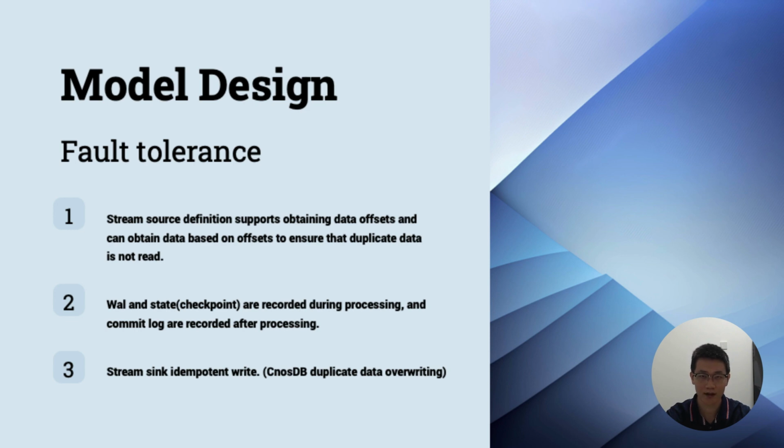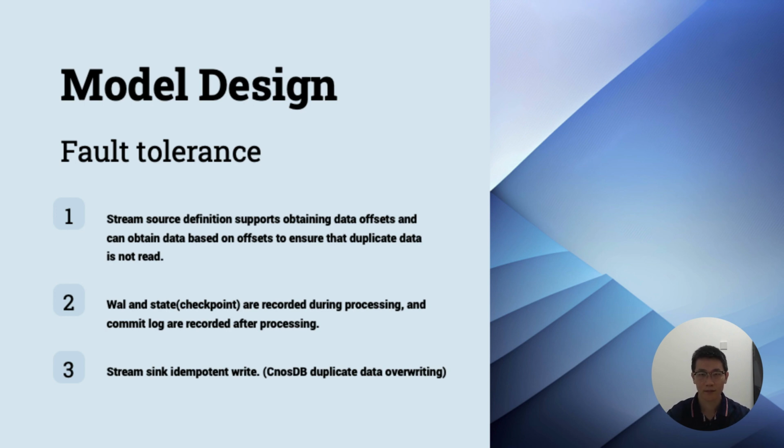Typically during batch processing, we use a write-ahead log (WAL), save intermediate state, and record commit logs. This set of operations ensures that we can restart our program and continue processing from the offset where it crashed. We can also retrieve and merge our intermediate state, ensuring that no data is lost.